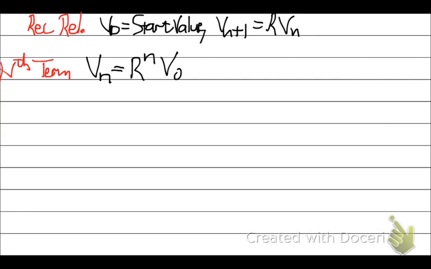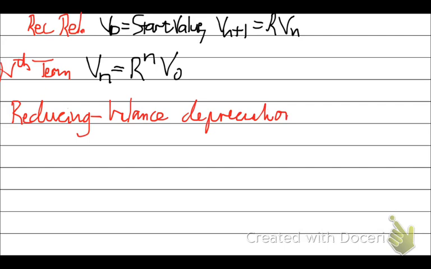If we want to do it for a reducing balance depreciation, the only change is the same as when we were doing the recurrence relation. If it was growth, then our R value would be greater than 1.